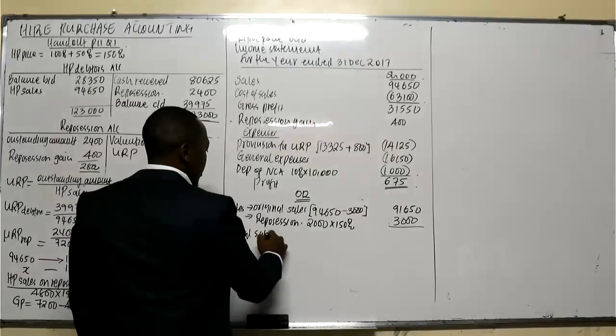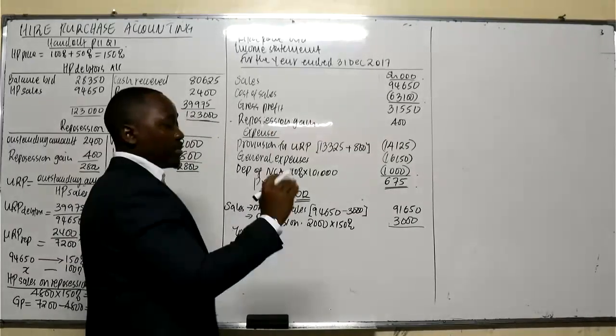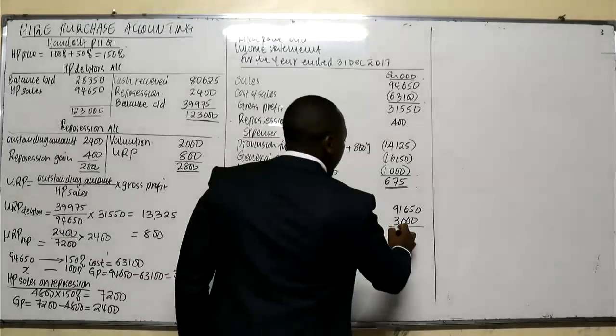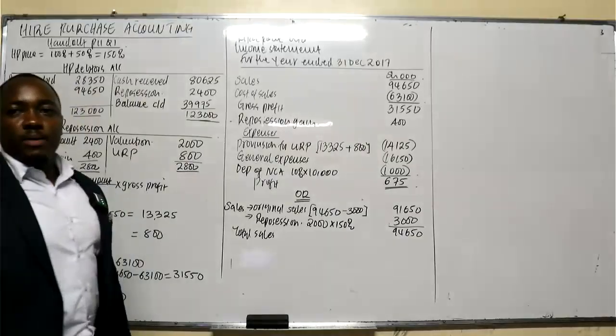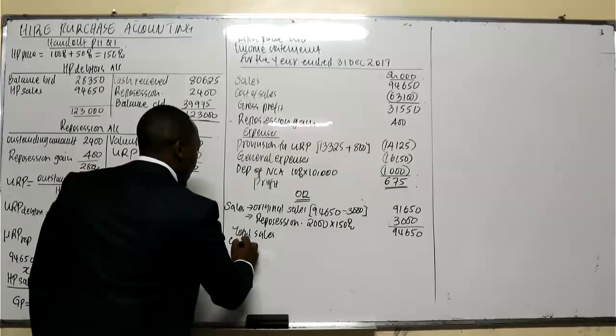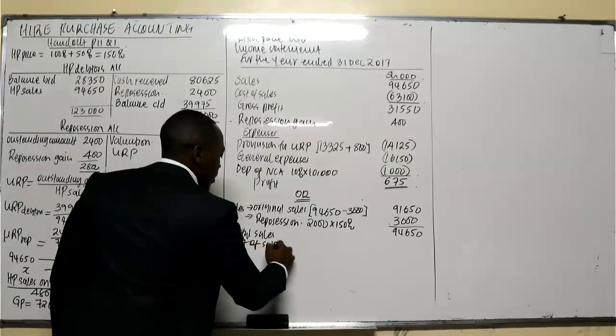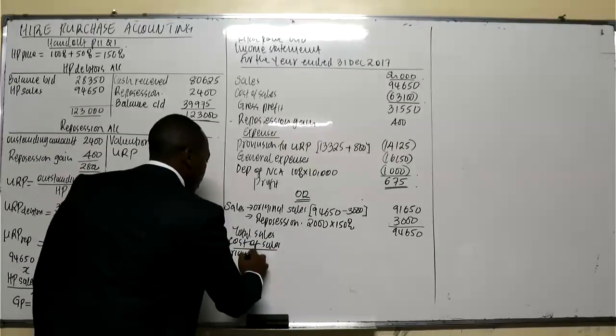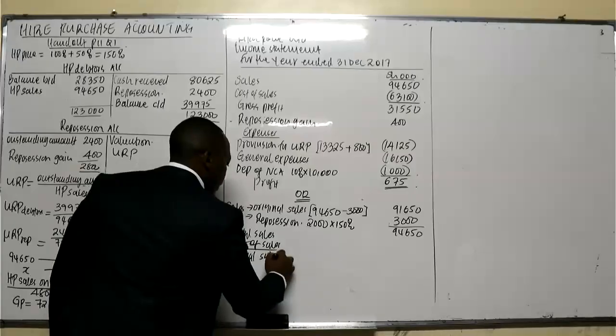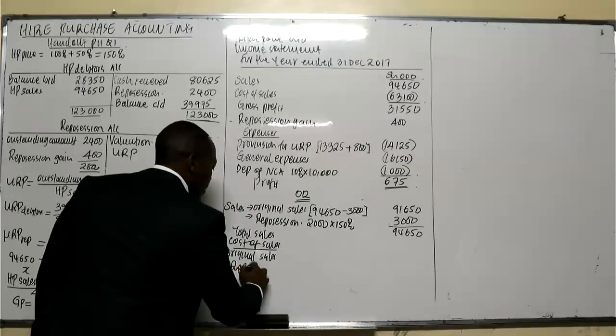And that's how you get your total sales. I'm showing you this because sometimes the examiner might require you to show them separately. And the total sales now will be 94,650. What about the cost of sales? Also for the cost of sales, you do the same. Cost of sale based on the original sales and sales on repossession.